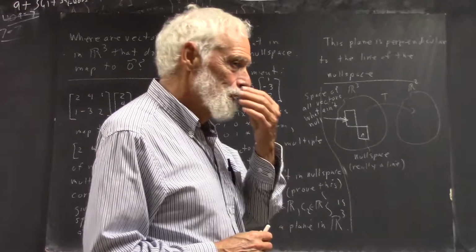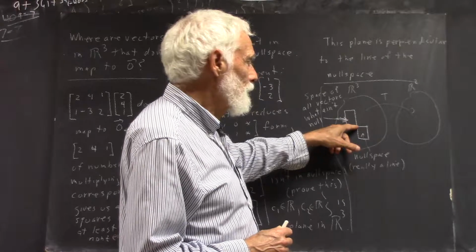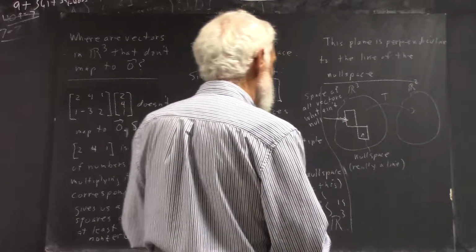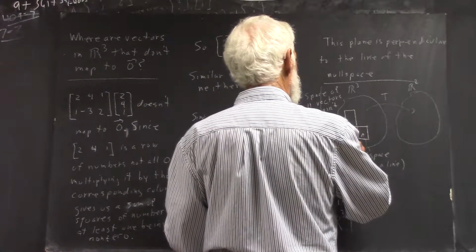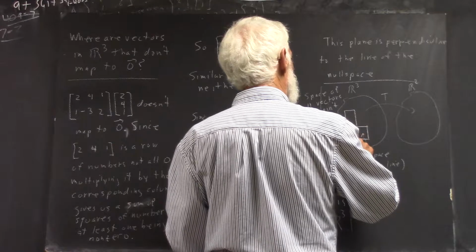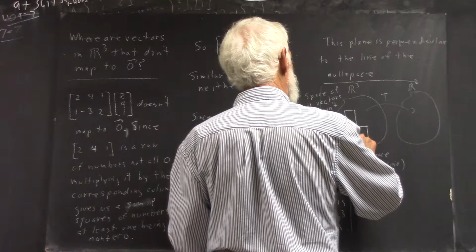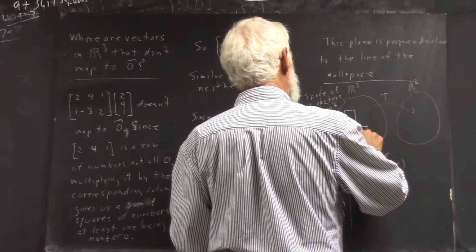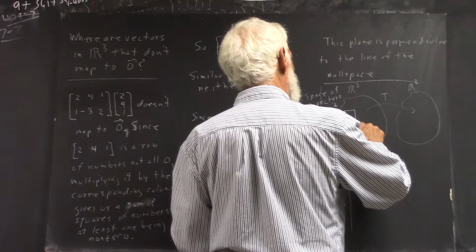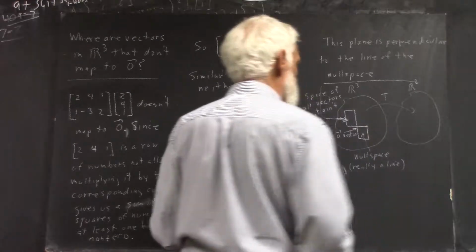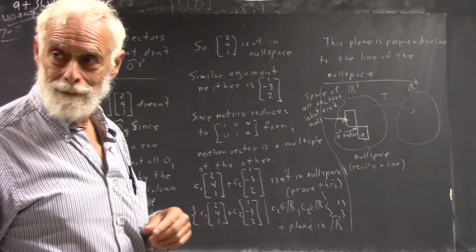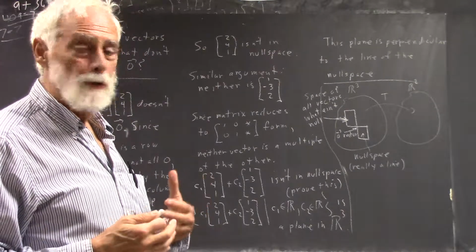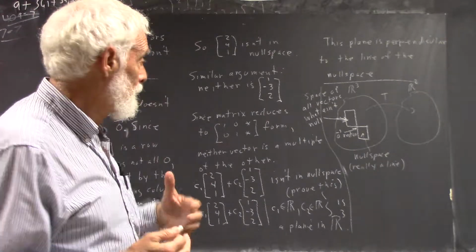So that vector is the 0 vector, just like right here where these things intersect.